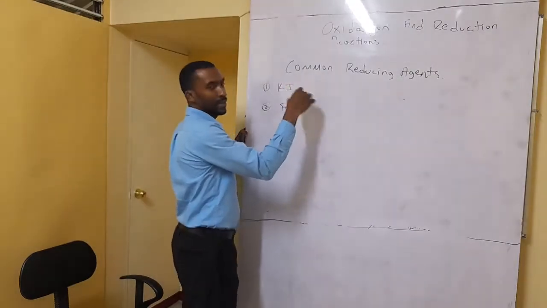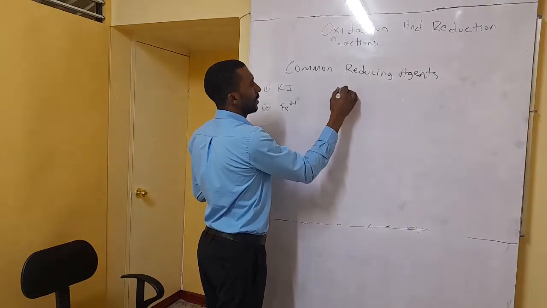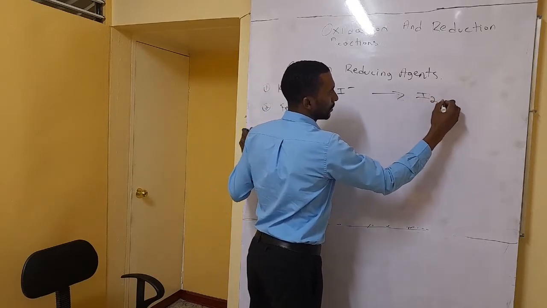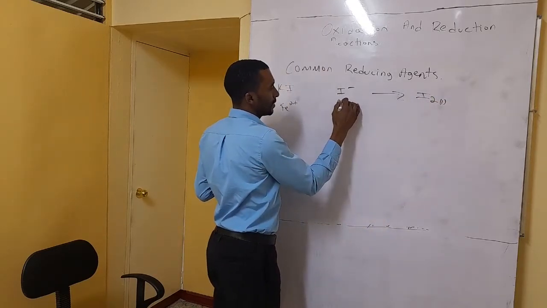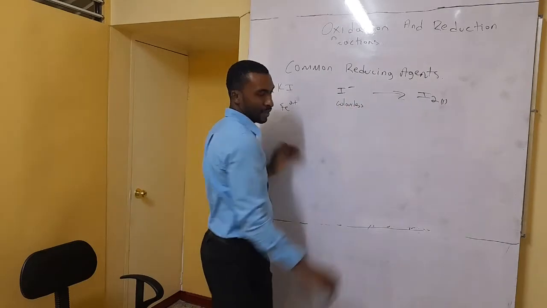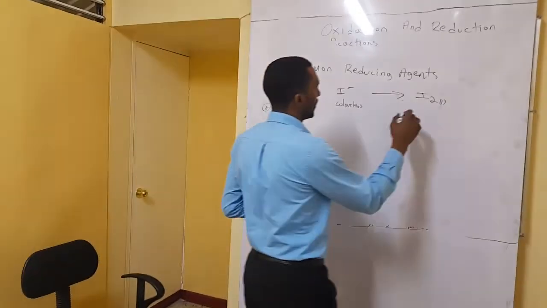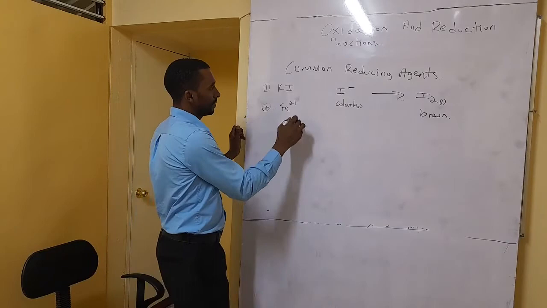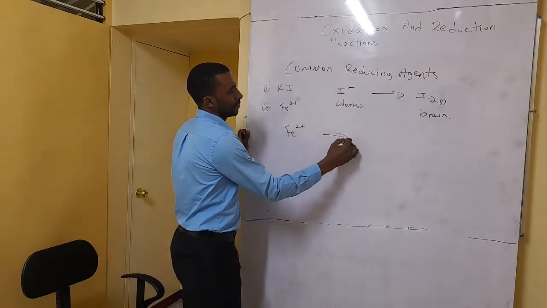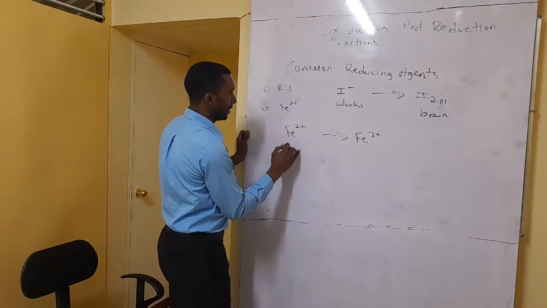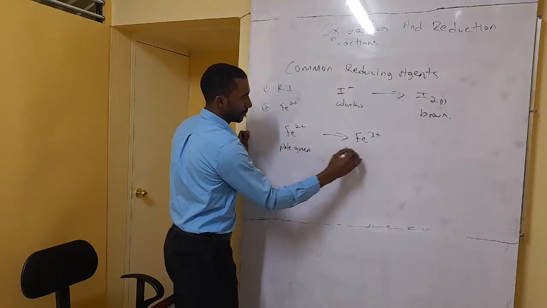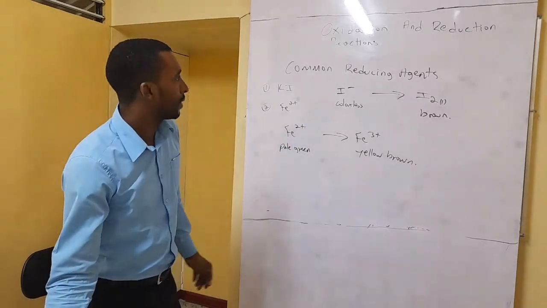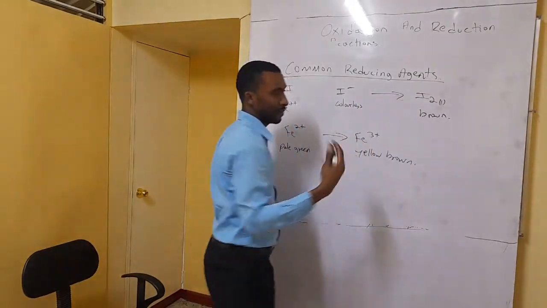So, when this is acting as a reducing agent, we have I minus converted to I2. I2 is a liquid, right? This is colorless, and iodine is what? Right, and then again here Fe2+ goes to Fe3+. So this is pale. So common reducing agents, these are two. We can go and read on others, alright?